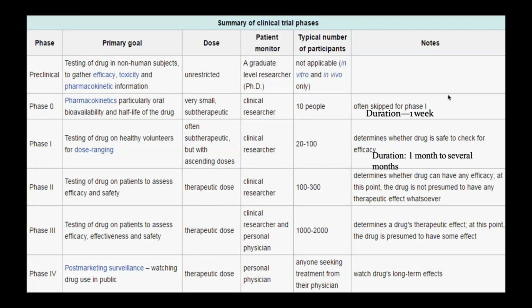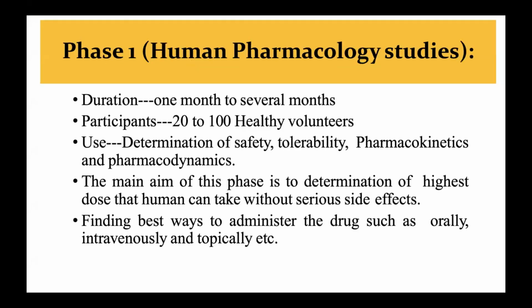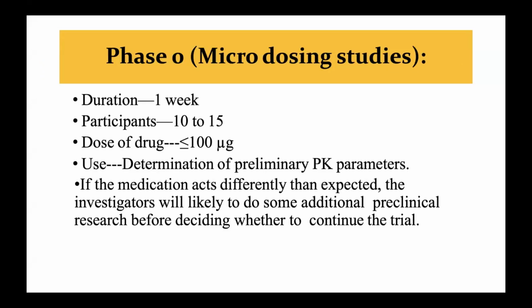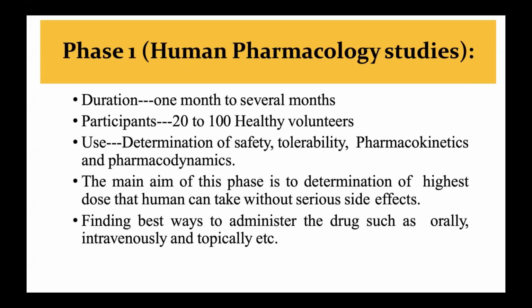And in phase 0, what is the primary goal? It is often skipped, going to phase 1, but the duration is longer. How many people take part in this? In phase 1, the duration is increased to 1 month. In phase 0, it was 1 week. In phase 1, it is 1 month or maybe several months.